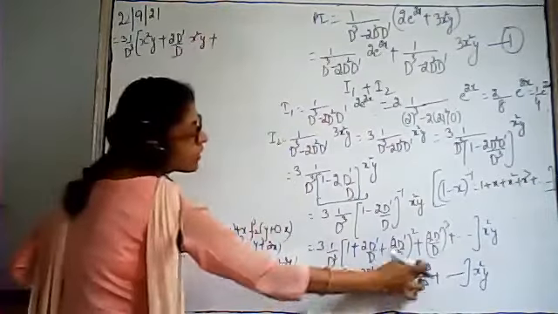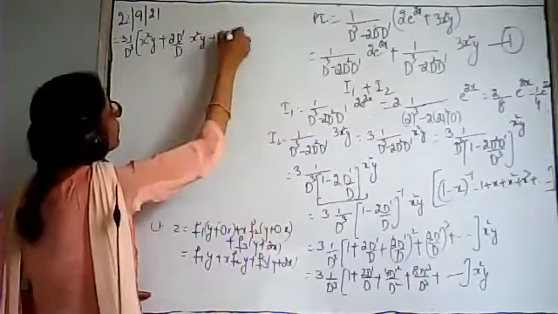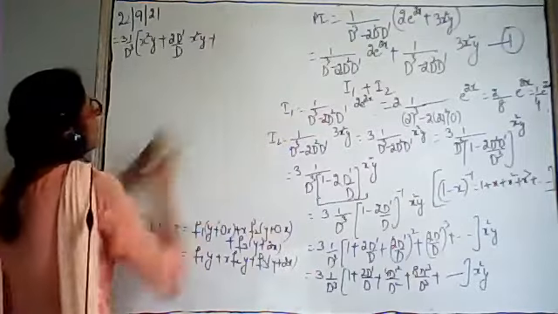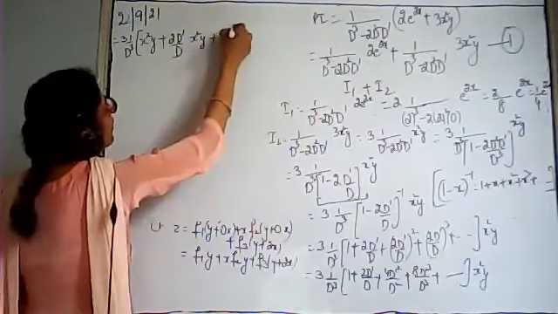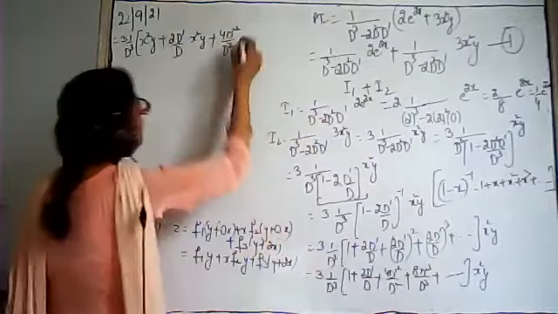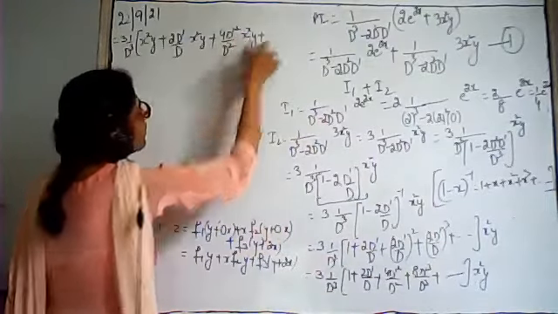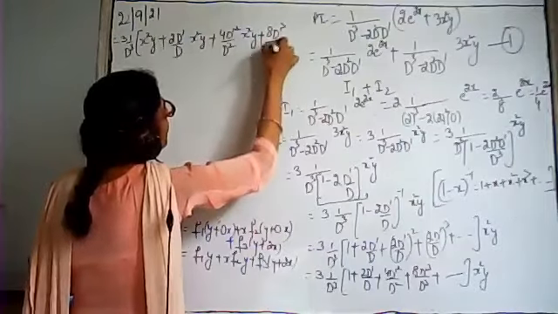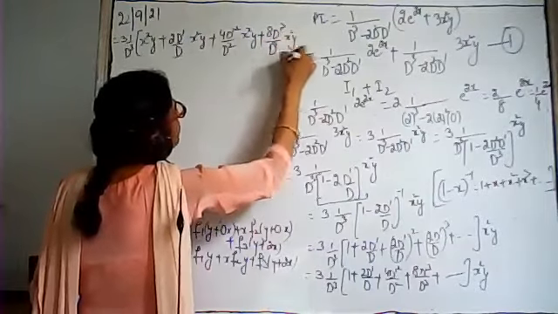Plus, write 4D dash square upon D square as it is, and outside the bracket is x square y. Plus, next term is 8D dash cube upon D cube into x square y and so on up to infinity.